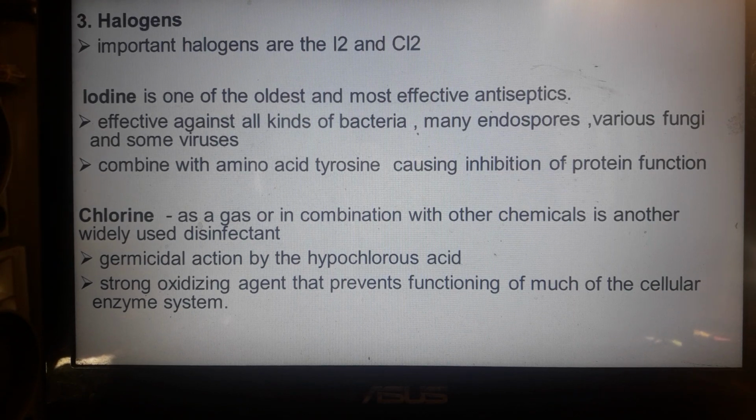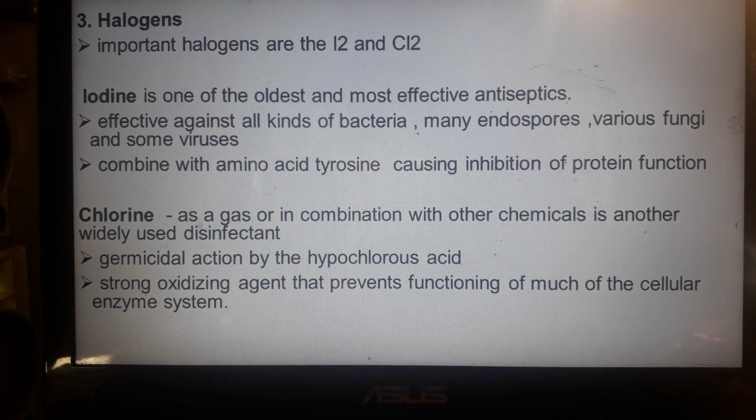Halogens: important halogens are iodine and chlorine. Iodine is the oldest and most effective antiseptic, and is commonly used in dressing of wounds. We have povidone iodine, effective against all kinds of bacteria, many endospores, various fungi, and some viruses. It combines with the amino acid tyrosine, causing inhibition of protein functions.